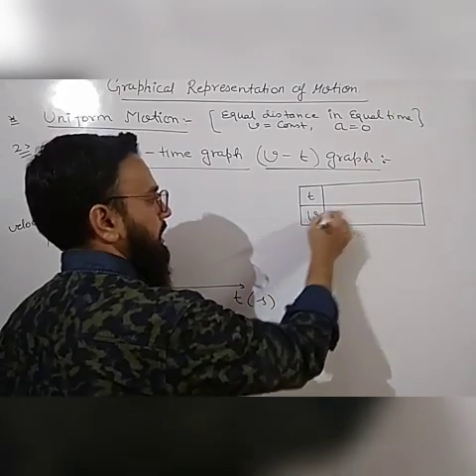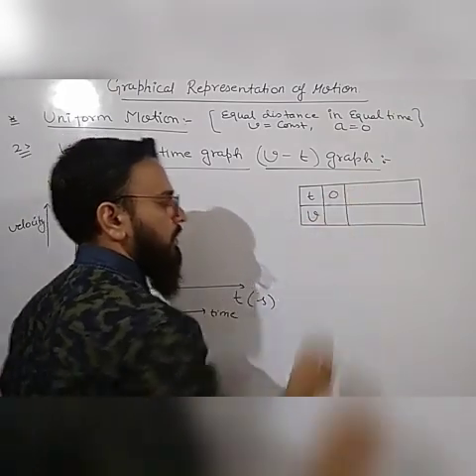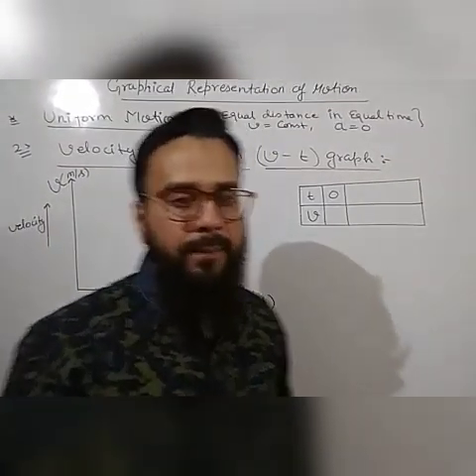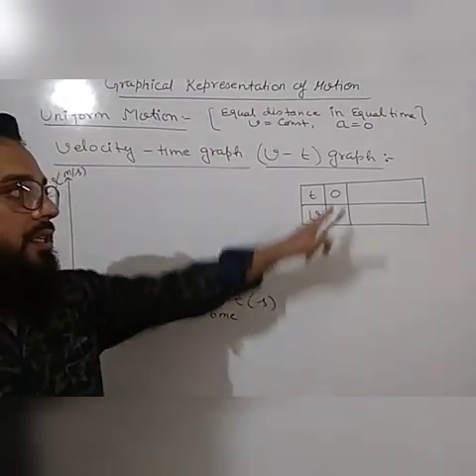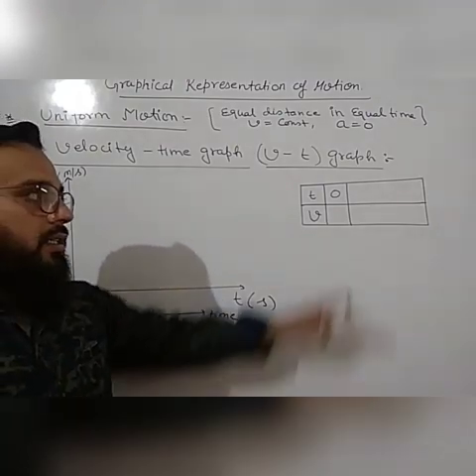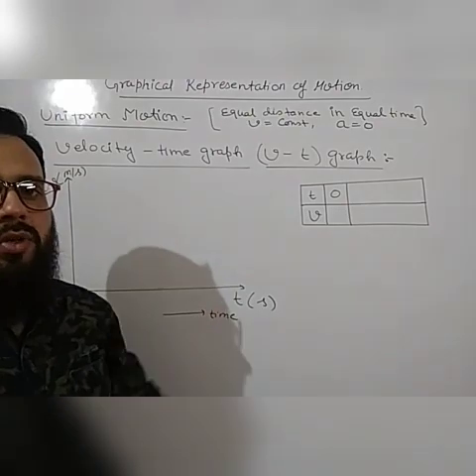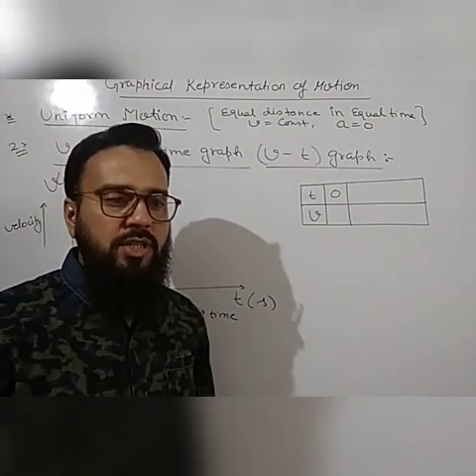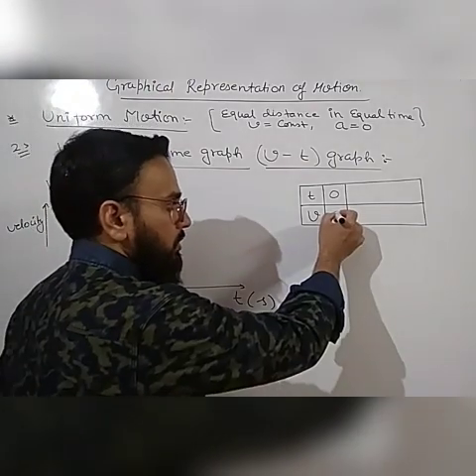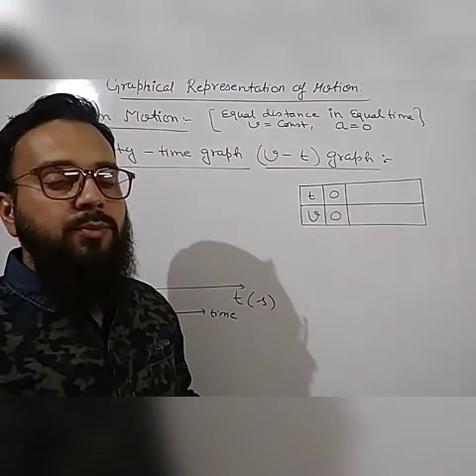At that instant, suppose you start your bike. After starting at t is equal to 0, your velocity was 0. You were at rest, meaning your bike is not moving. So velocity is 0 at the starting point.